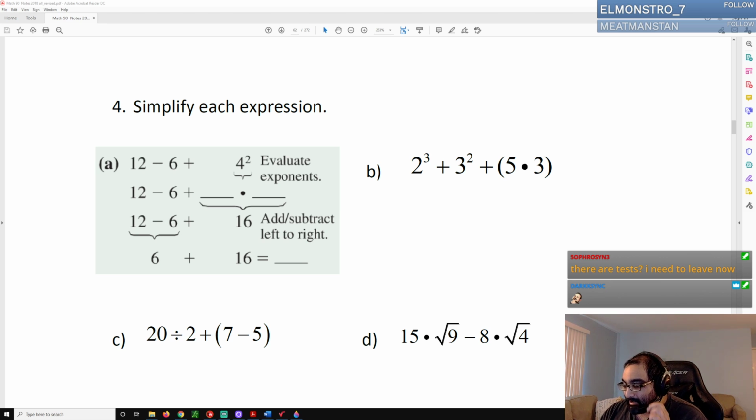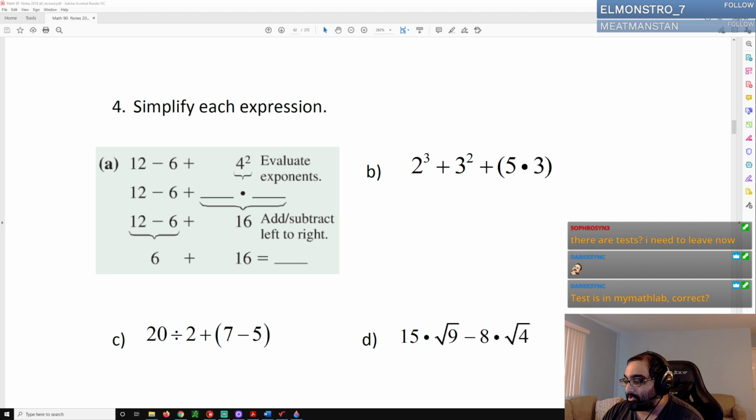Then I'll talk about the rules, and we'll proceed from there. That's the game plan. Tests will be a little bit more frequent. Chapter 1 takes a bit of time, but once we get past it, the chapters are shorter, so they shouldn't take us as long.